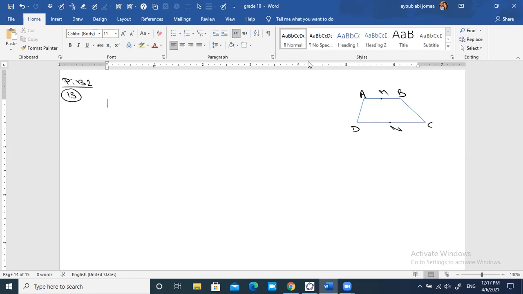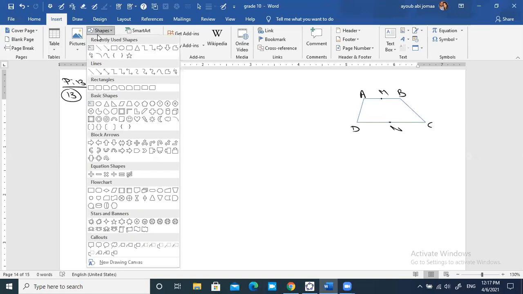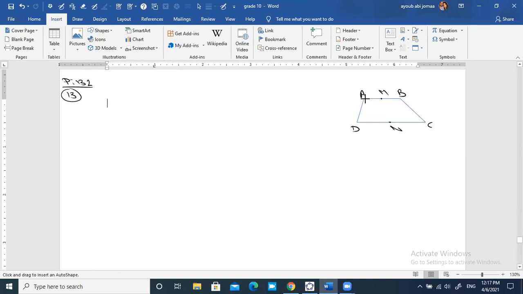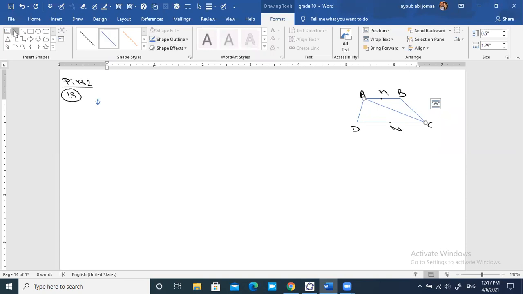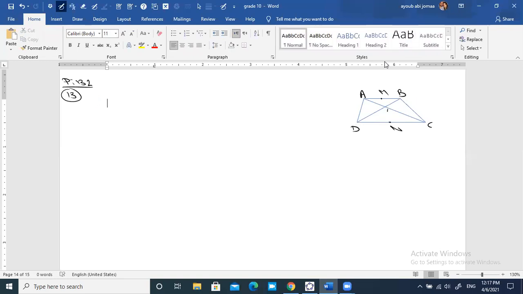We have E is the intersection of AC and BD. So here we have point E.